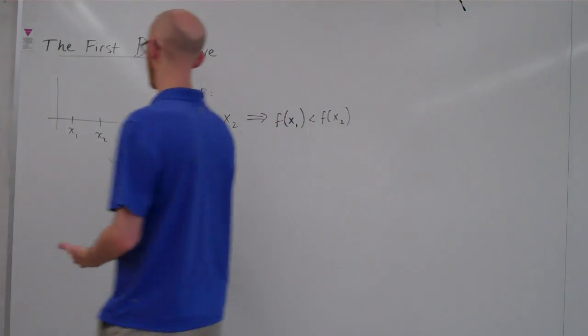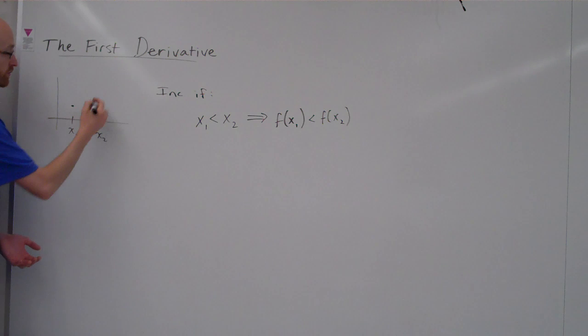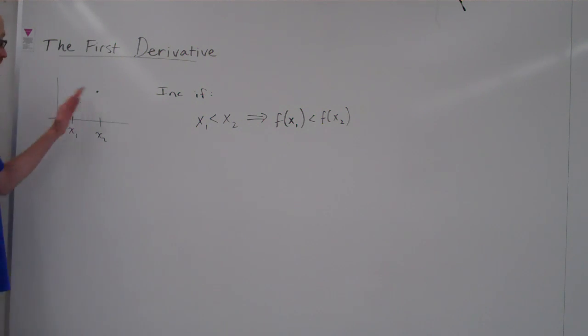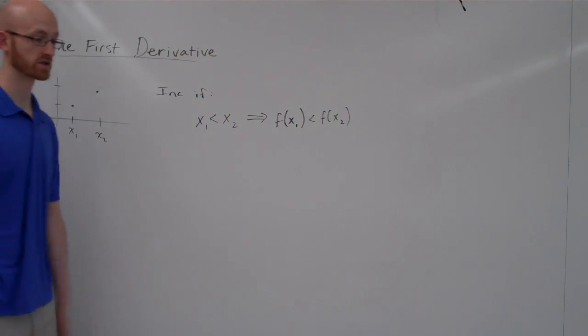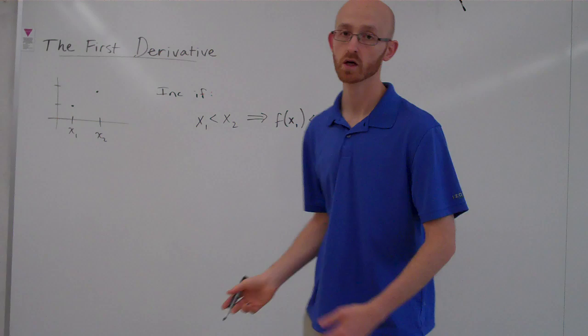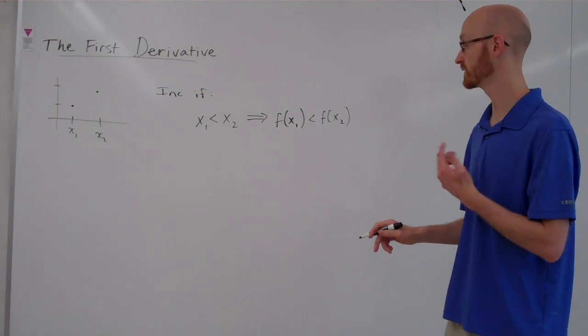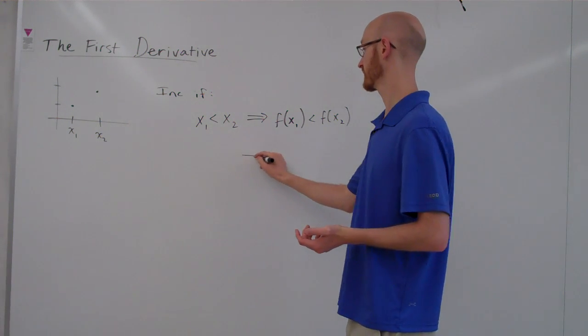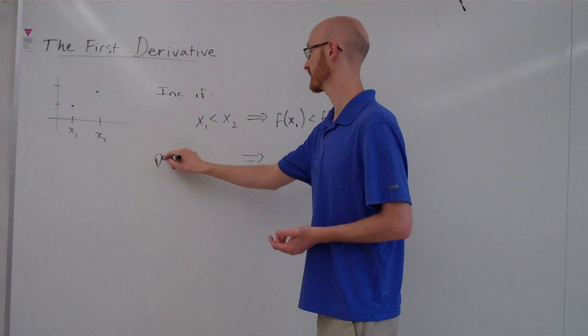In other words, if this is your y value for the first input, then your y value for the second input should be somewhere up here. This would be f of x sub 1. This would be f of x sub 2. I think it's a relatively simple definition. You can probably write your own for decreasing, but it basically says decreasing would be the same thing.